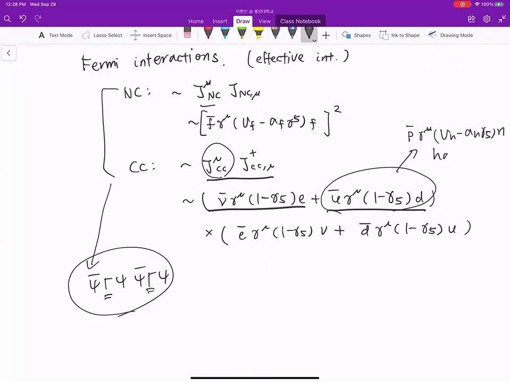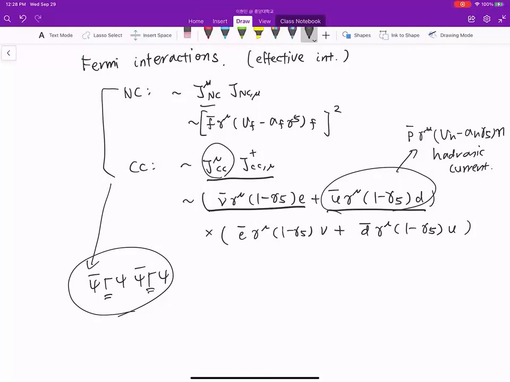Just below the electroweak scale, we can describe them in terms of quarks and leptons. If you go to the proton scale, then you need to consider proton and neutron instead of quarks.